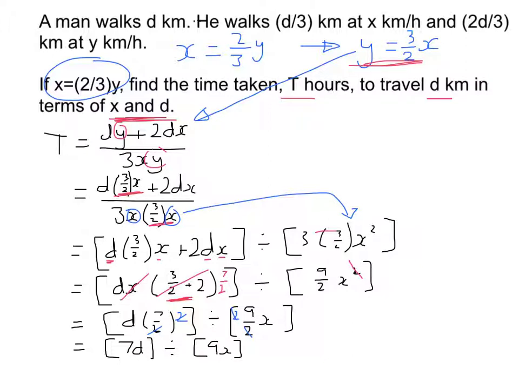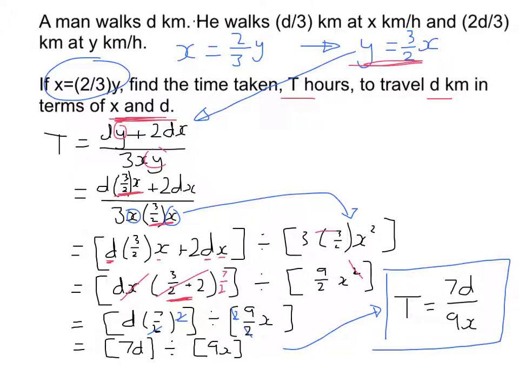Or if I rewrite that as a fraction, I'm just going to bring that over to here, so scrolling down. So that will be now equal to t equals 7d over 9x. So that is now our expression of the total time in terms of d and x.